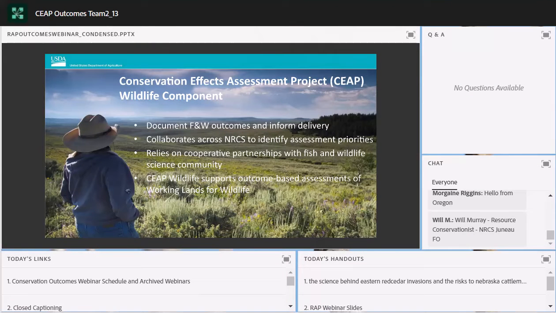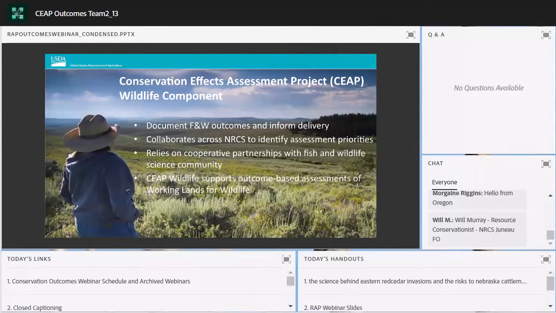SEEP Wildlife ascribes to the co-production of science that enlists upfront input from our partners, resulting in actionable knowledge and better outcomes for conservation. SEEP-supported science-based delivery of Working Lands for Wildlife in Western Rangelands has been producing win-win solutions for wildlife and partners for over a decade.